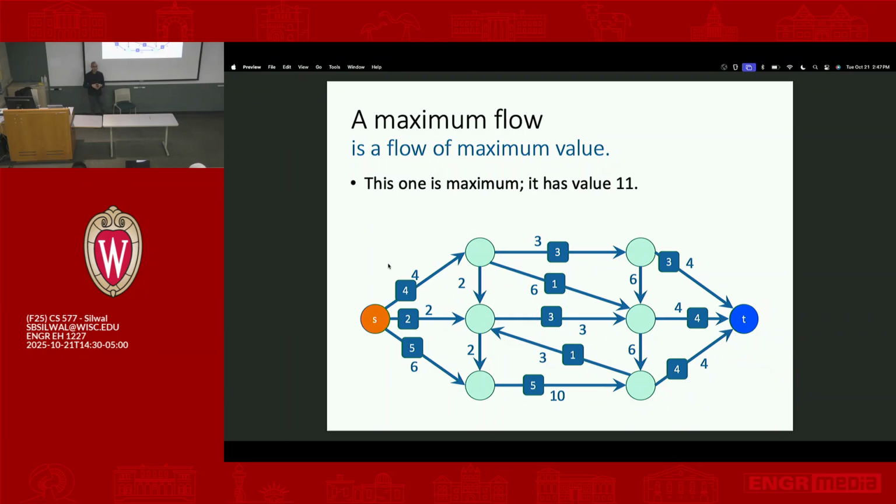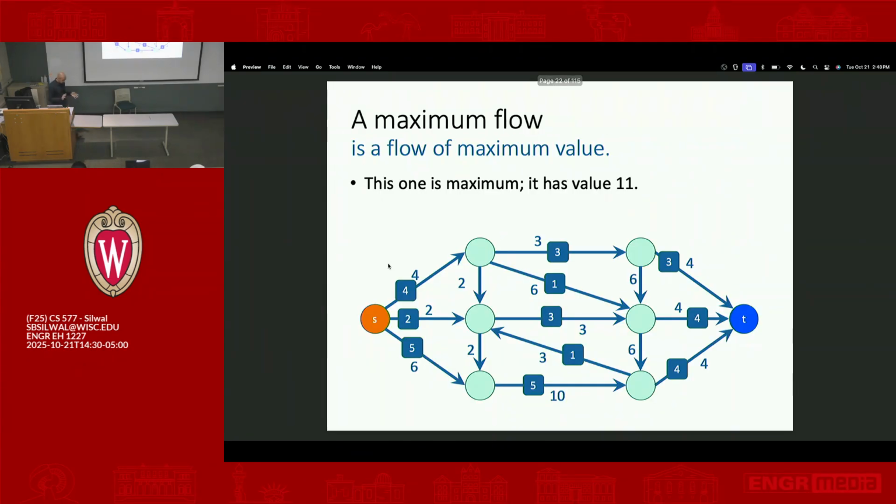Anyone? How much stuff ends up at T? How many units of stuff? Yeah, 11, exactly. You can just see how much stuff is ending at T. It's right there.